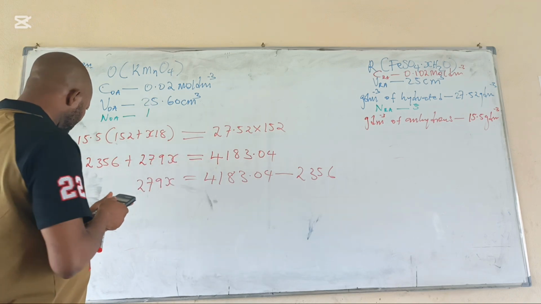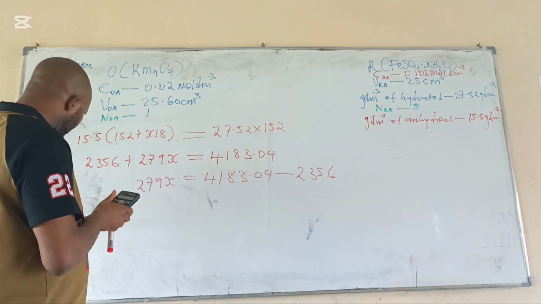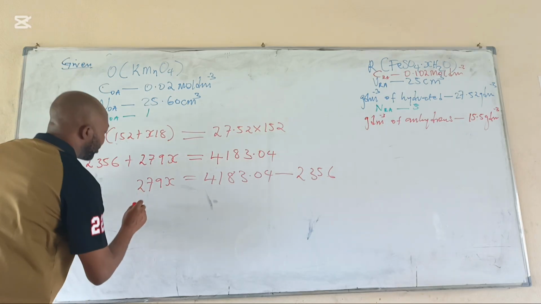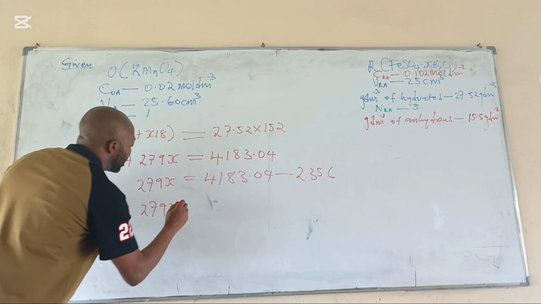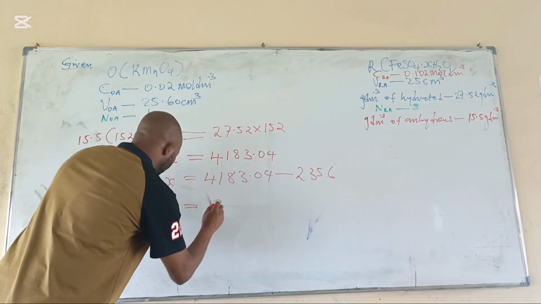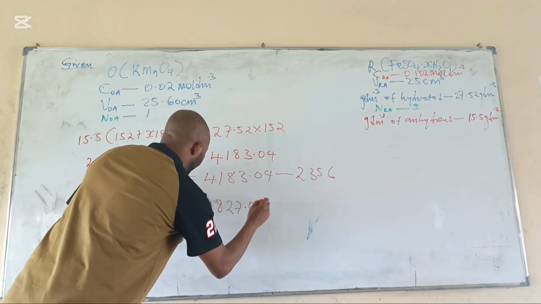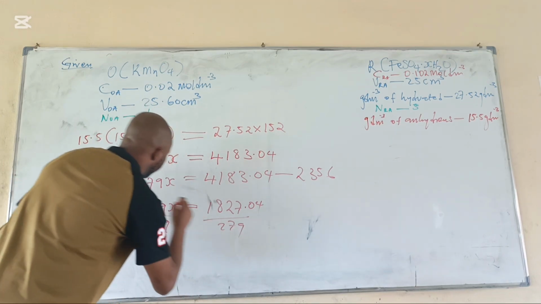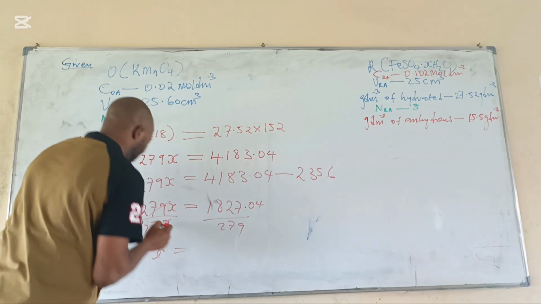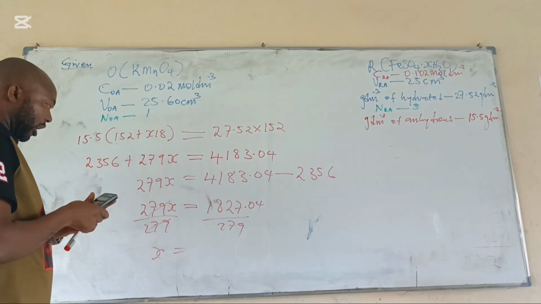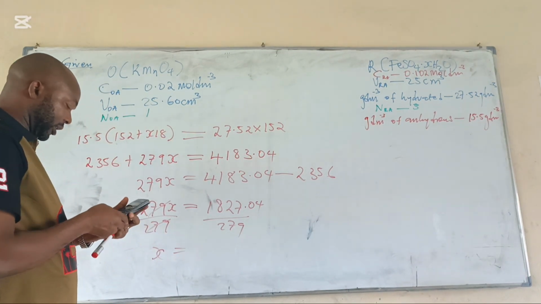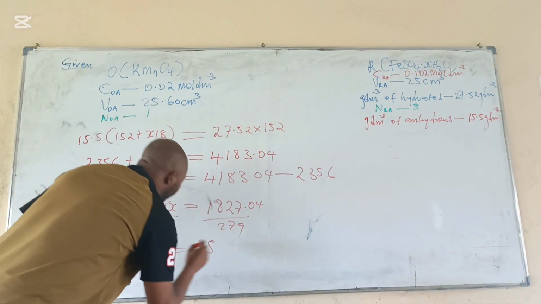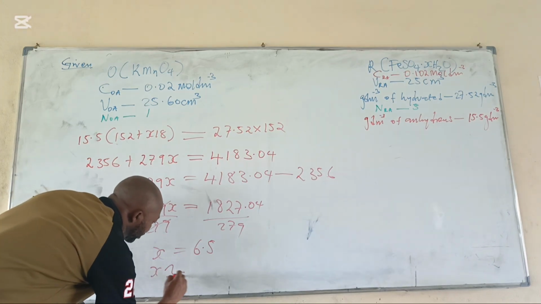This minus 2356 gives us what we have here. So I have 279x is equal to 1827.04. Divide both sides by 279. My x becomes that divided by 279, which is equal to 6.5. X to the nearest whole number is 7.